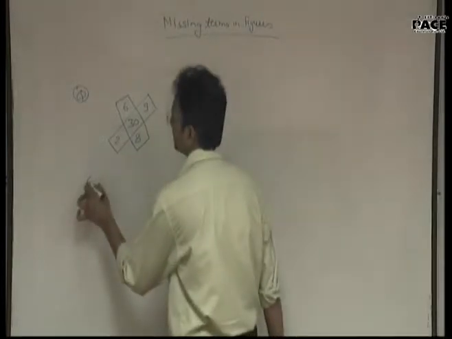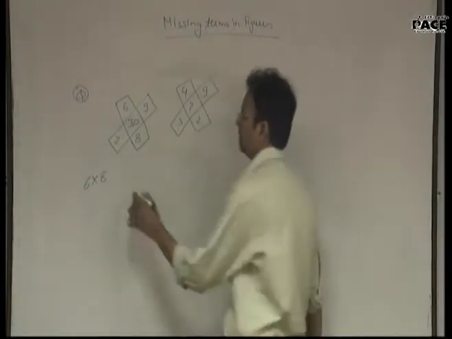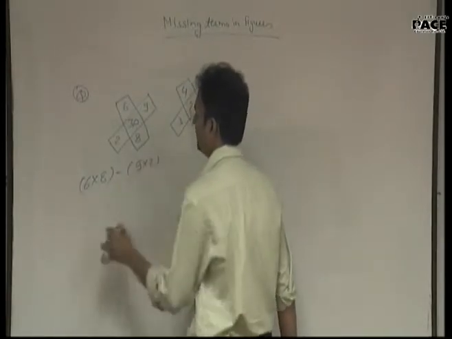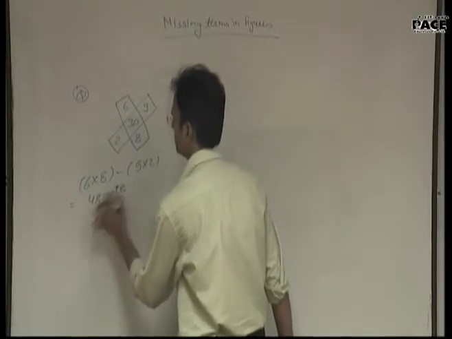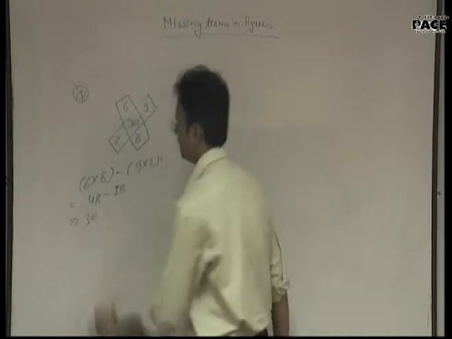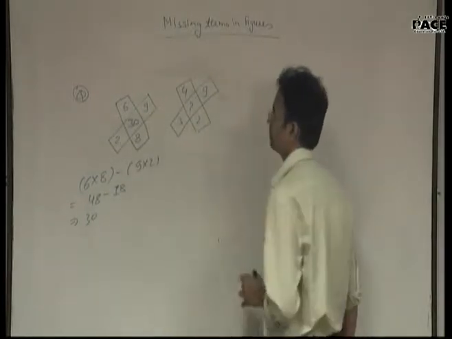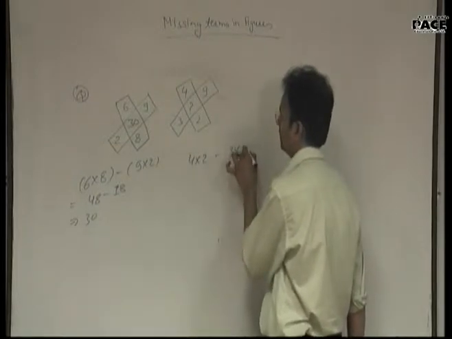If you multiply the opposite numbers like 6 and 8 and then 9 and 2 and take the difference, you will get the desired result, that is 30. And similarly we can apply the same thing here, which is 4 into 2 minus 3 into 9.